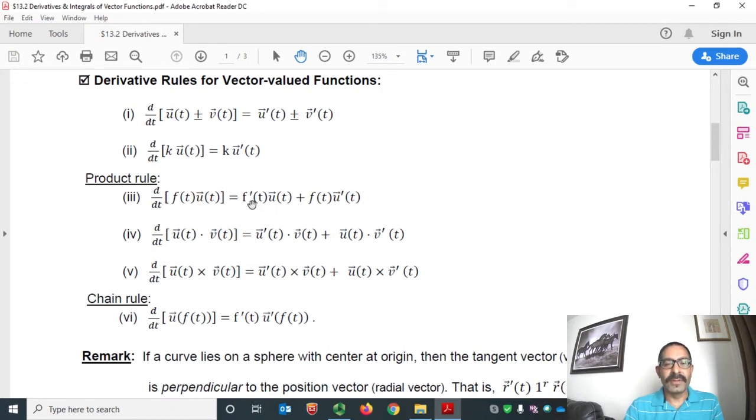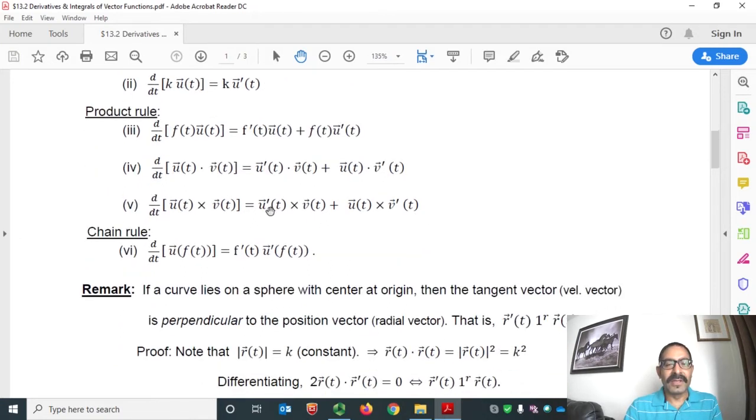The first function's derivative, keep the second function as it is, plus keep the first function as it is, take the derivative of the second function. Similarly, there are rules for the derivative of the dot product of two vectors and the derivative of the cross product of two vectors.